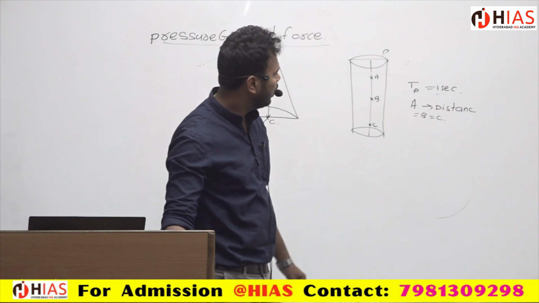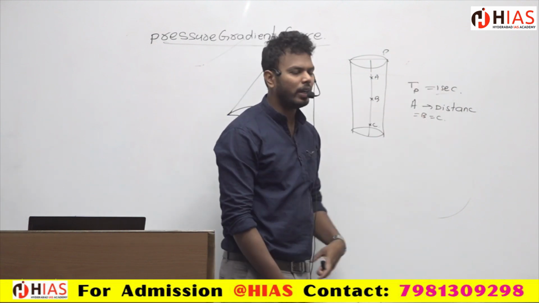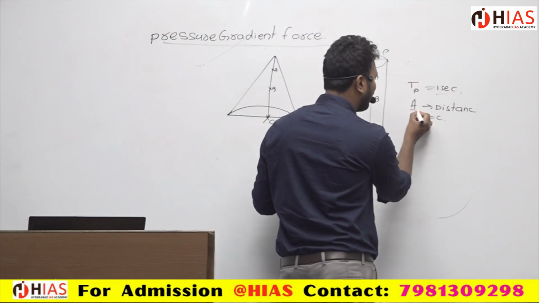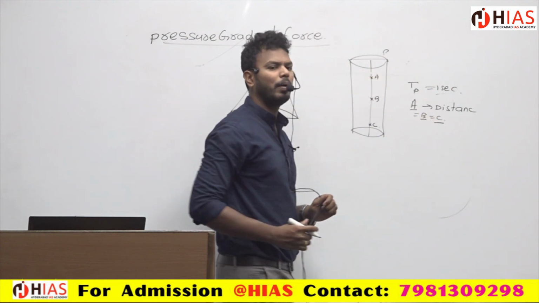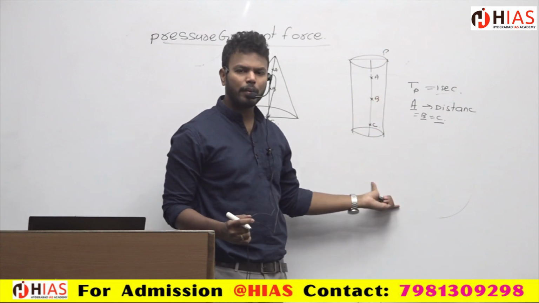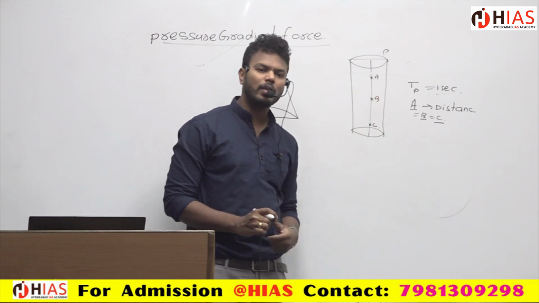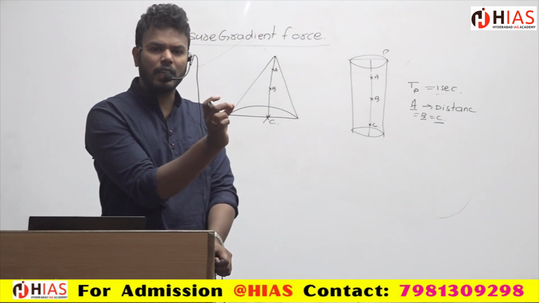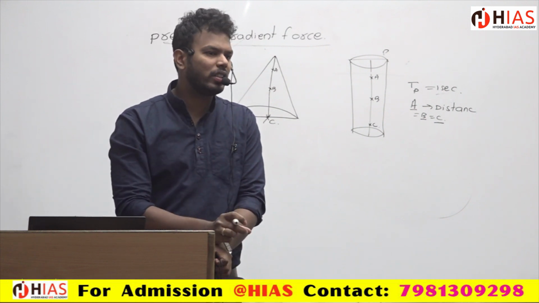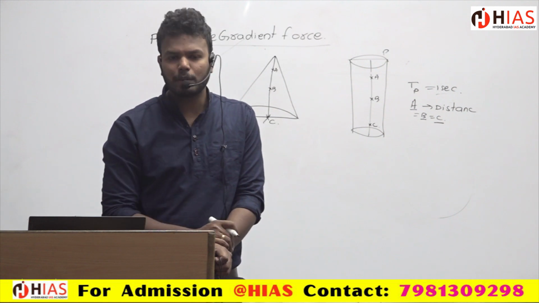So if the distance travelled by A, by B and by C are all equal, can I conclude that the speed is also equal? A simple cylinder I have taken. Based on the distance travelled, I am calculating the speed.